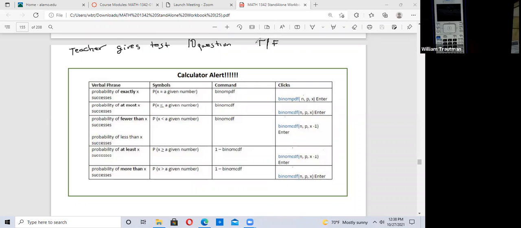Remember, binomial, you can only have two answers: true or false, one or two, A or B. So binomial, you can only have two possible answers. The teacher gives a true or false test with 10 questions. And the first question is: what is the probability that the student gets 7 questions correct?